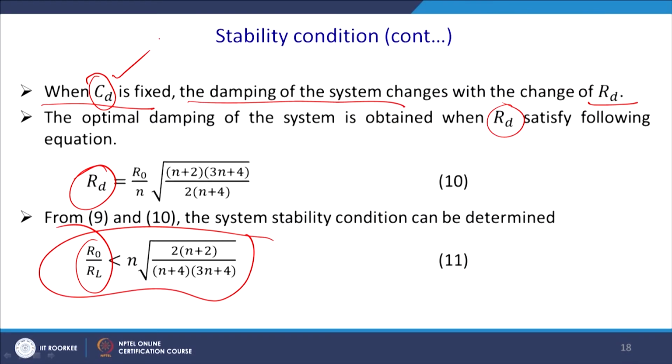If you have chosen that filter capacitor to be maybe 0.47 microfarad, and you choose this damping capacitor as 47 microfarad, it is actually 100 times higher.